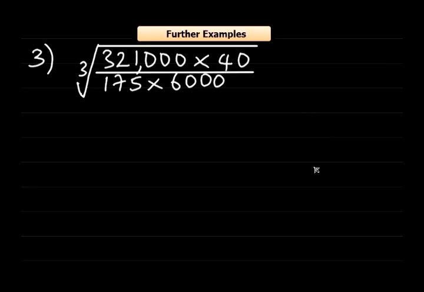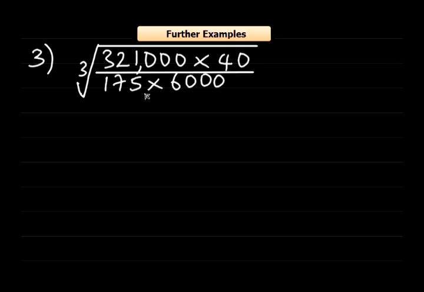Looking at this third example, we should evaluate this using the 4-figure table. Now what we do here is simple. We're supposed to multiply this by this and divide by all this. So we check the log of this, check the log of 40 as well, add the two of them, and keep the answer.